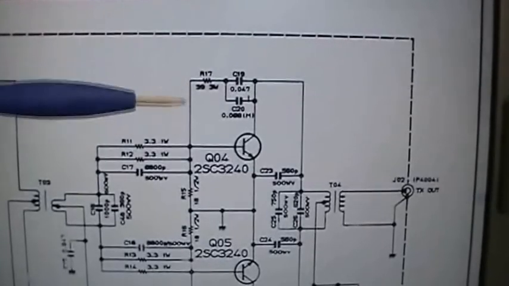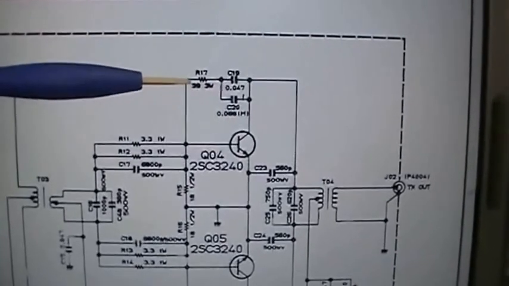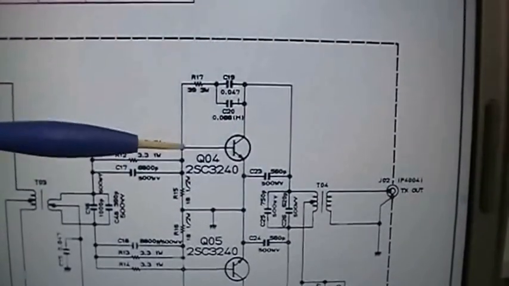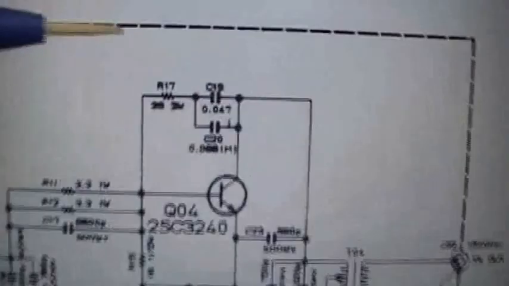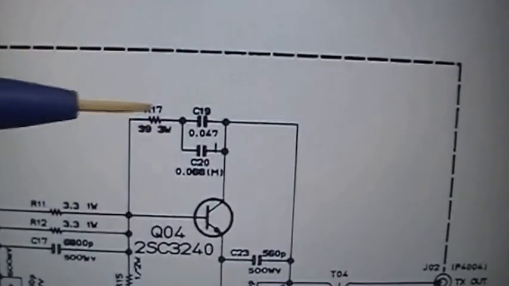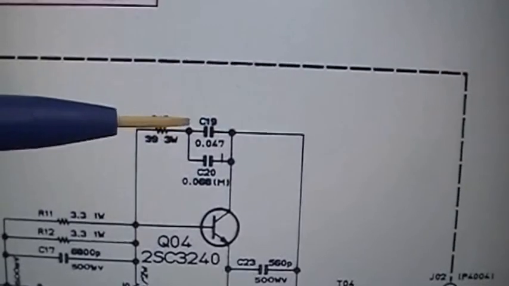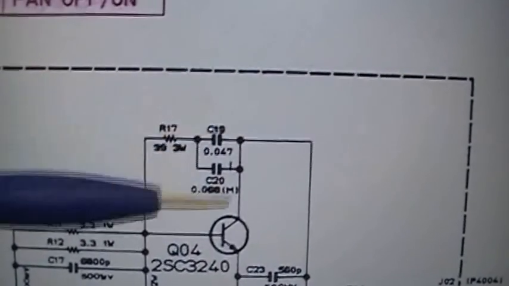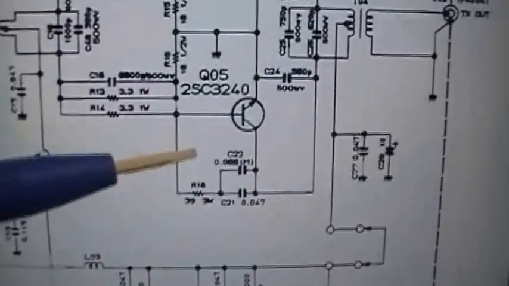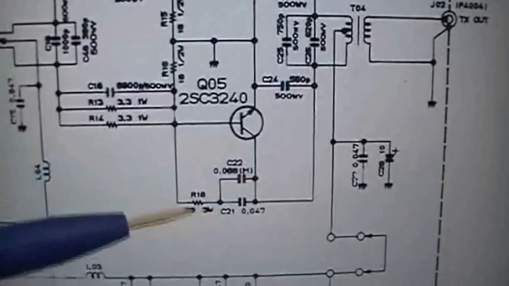So what we're going to do is to put a coil in between the base and this R17, which is connected via these capacitors to the collector, and we have it on both sides.